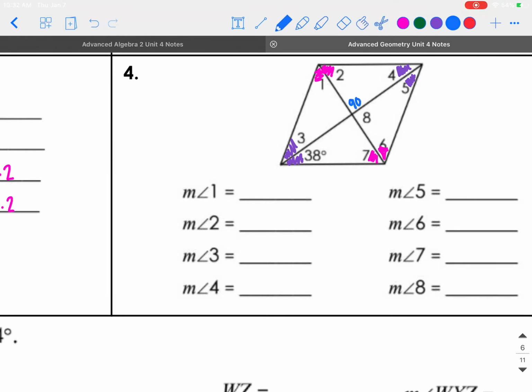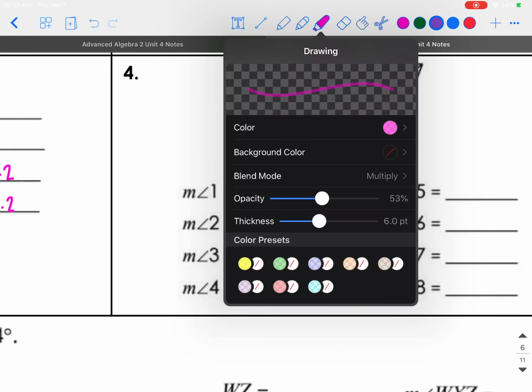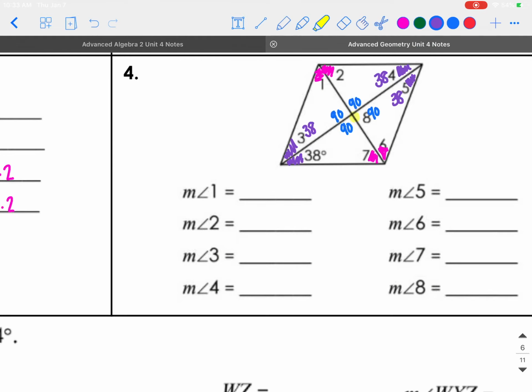And remember, all of these on the inside are 90. All right, so I'm going to mark before I go down to the bottom. For me, it's easier just to look at my picture first. So this would be 38, 38, 38. And then for the pink, I have a triangle.